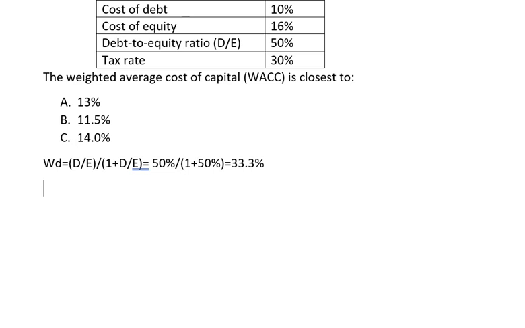Weight of equity equals 1 minus weight of debt equals 66.7%.